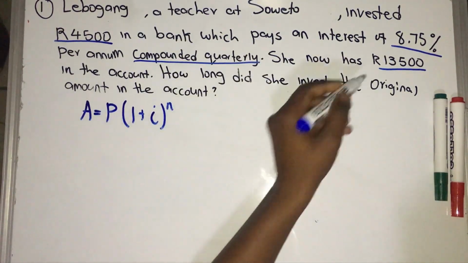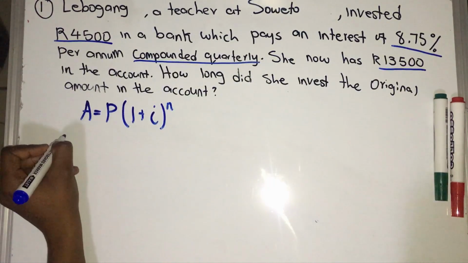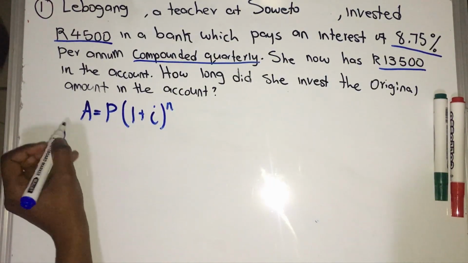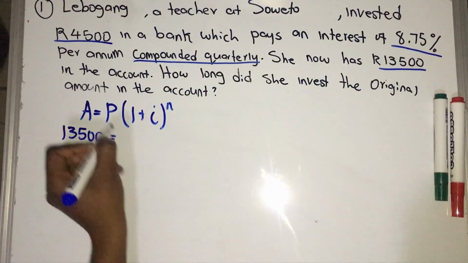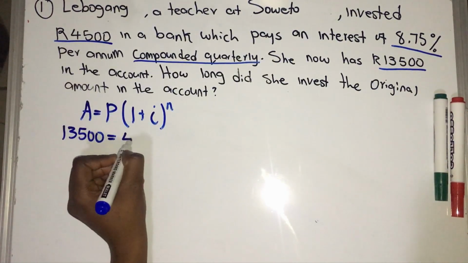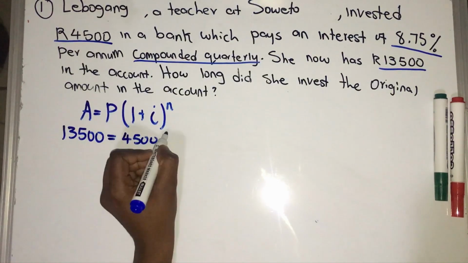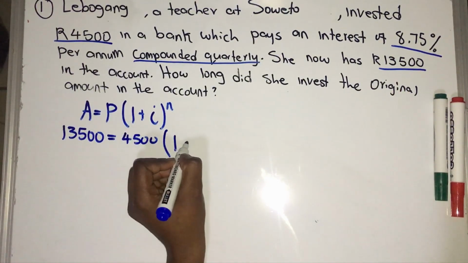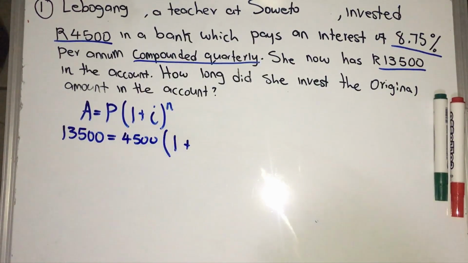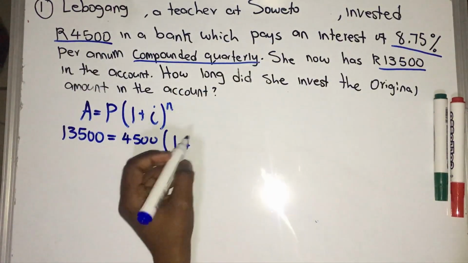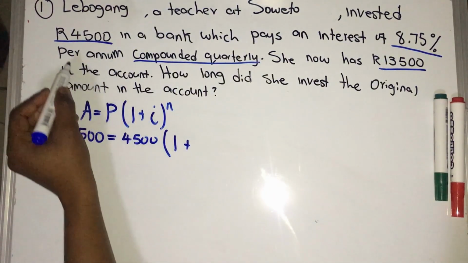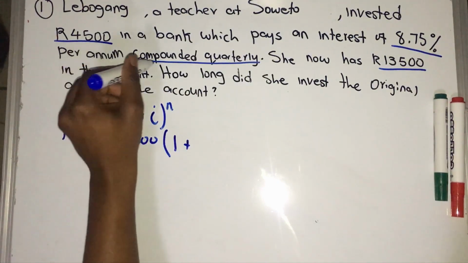Substituting into the equation, the final amount is 13,500, that's given, and the initial amount is 4,500, and then 1 plus i. Our i is 8.75, compounded quarterly.